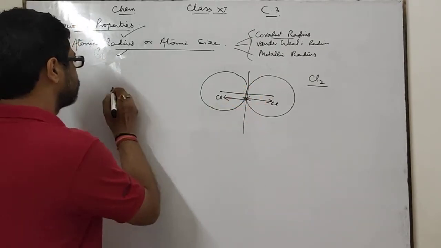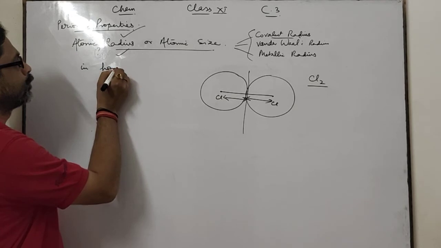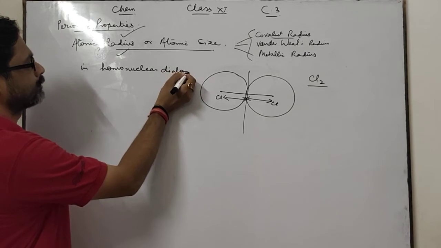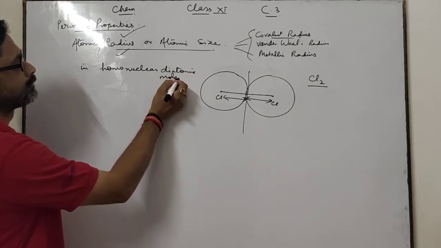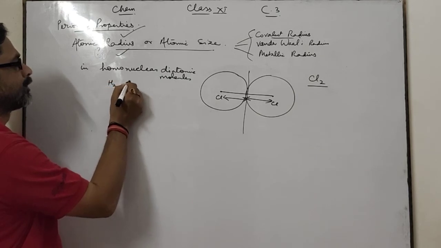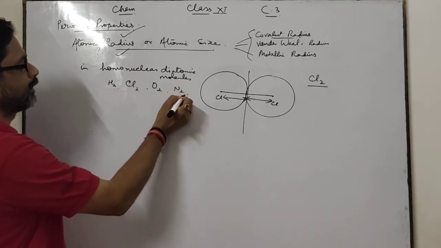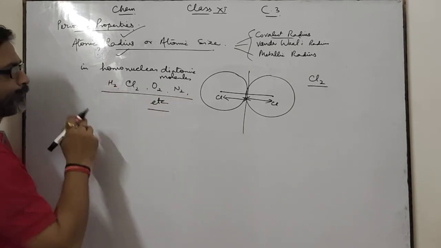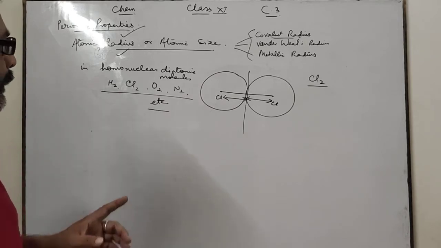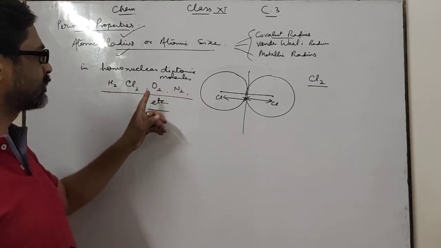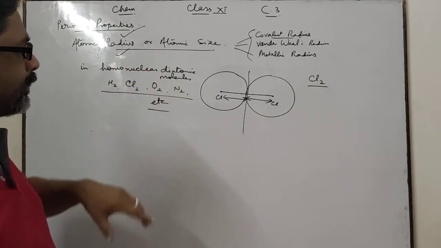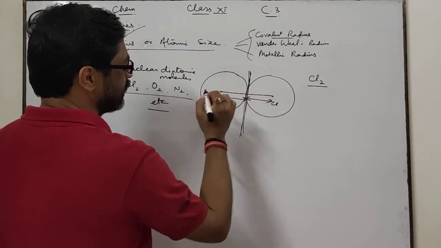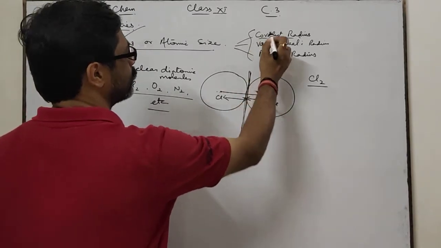Means in homonuclear diatomic molecules like H2, Cl2, O2, N2, etc. These are homonuclear diatomic molecules, means both of the nuclei are of the same type. In homonuclear diatomic molecules, half of the distance between two nuclei is called covalent radius.